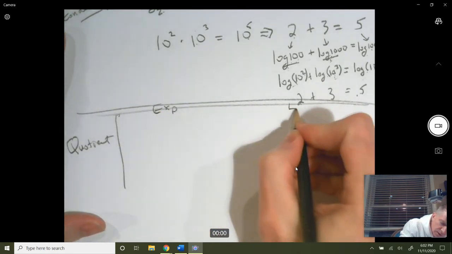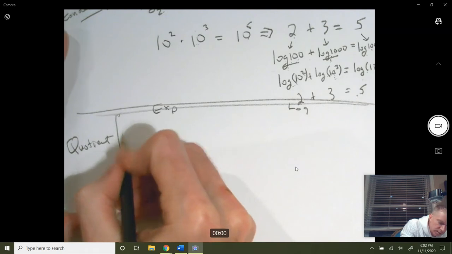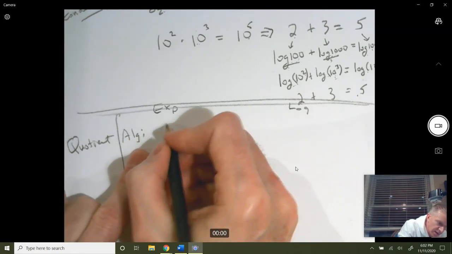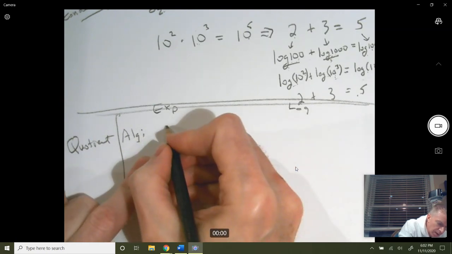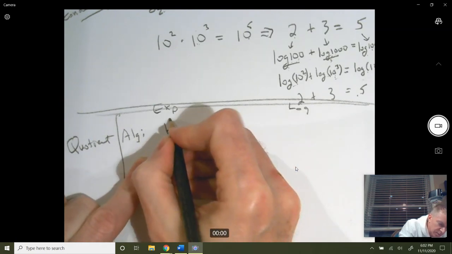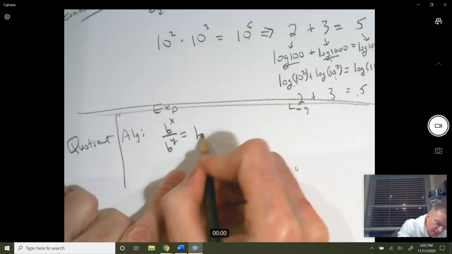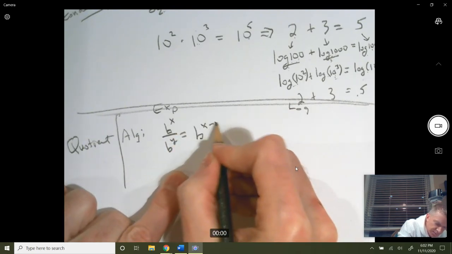The second one is for logs. Algebraically, the rule for a quotient is, if I have a base raised to an exponent divided by a base raised to another exponent, that's the base to the x minus y.